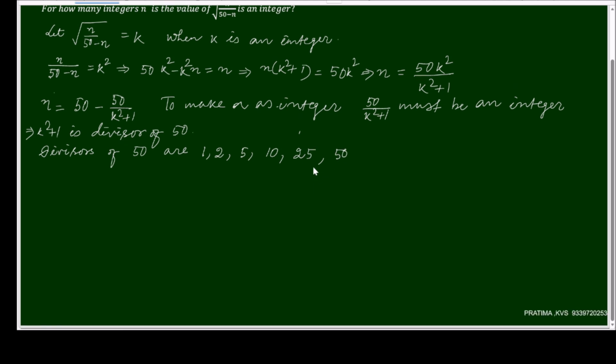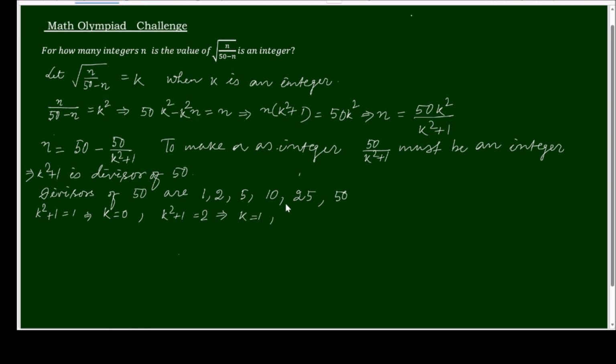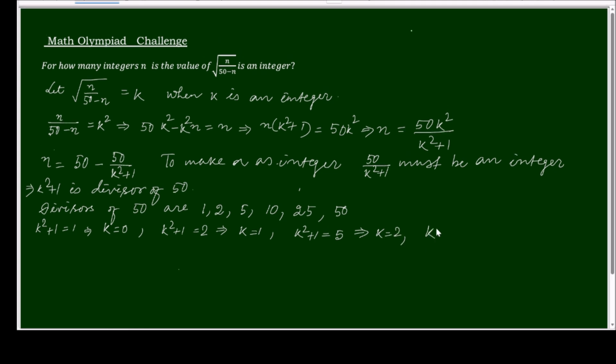For 1, k square plus 1 equals 1, which gives k equals 0. Next, k square plus 1 equals 2, so k equals 1. K square plus 1 equals 5, so k equals 2. K square plus 1 equals 10, so k equals 3.